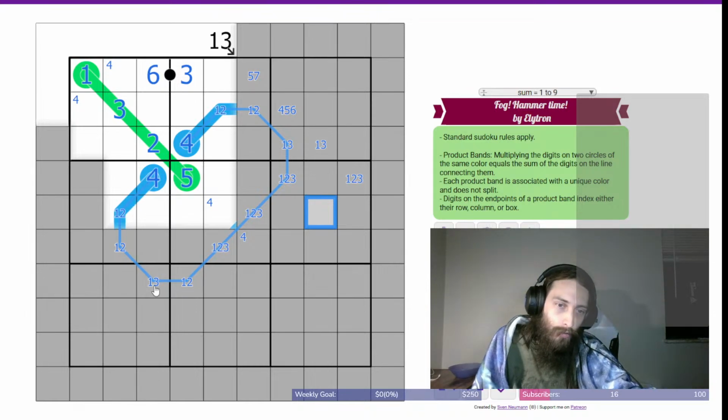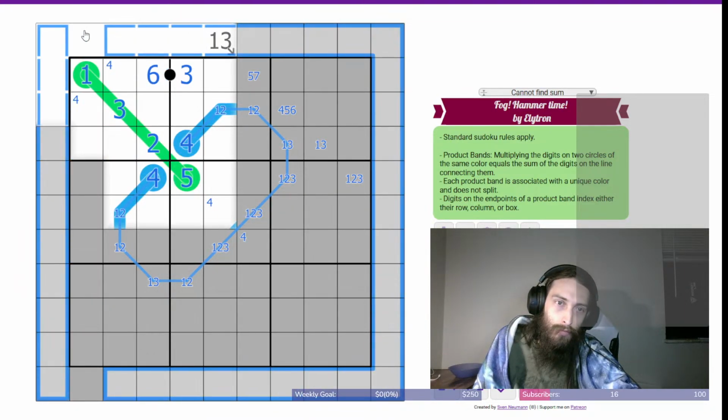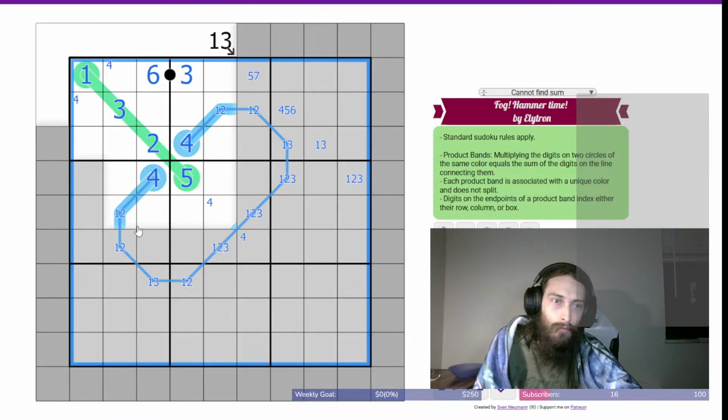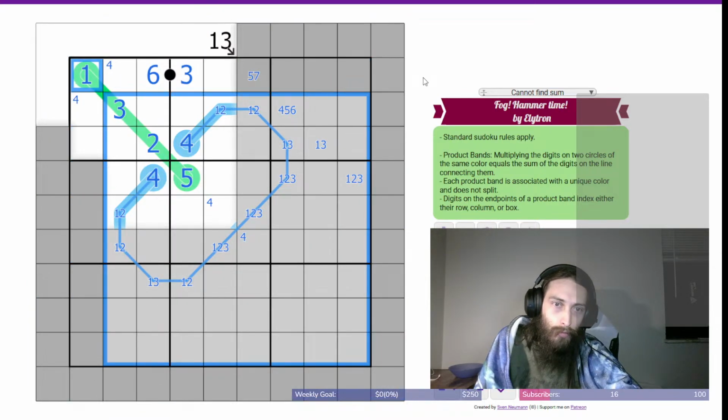Well, where can 1s go in the whole grid? They can't go here or here. They can't go in those places.